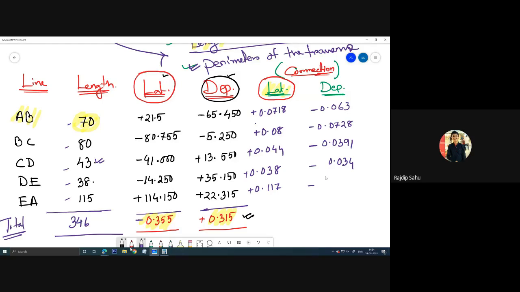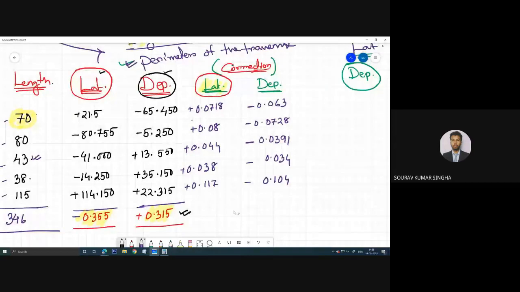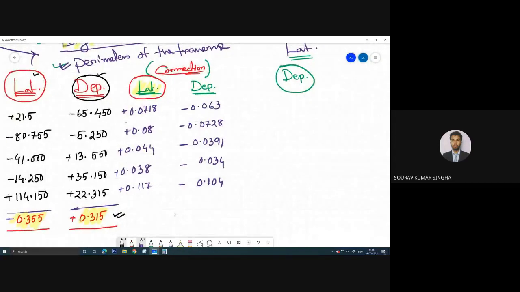Then one more, 0.104. Okay, very good. Now we have done the correction which is required in latitude and correction in departure.